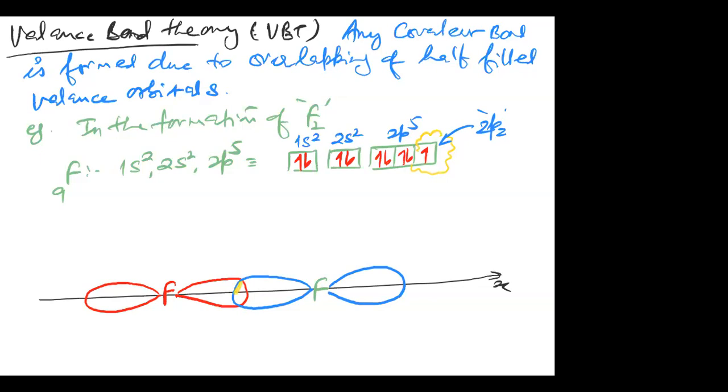So this is overlapping between fluorine and fluorine, and this overlapping will be 2p overlapping in the formation of F2.